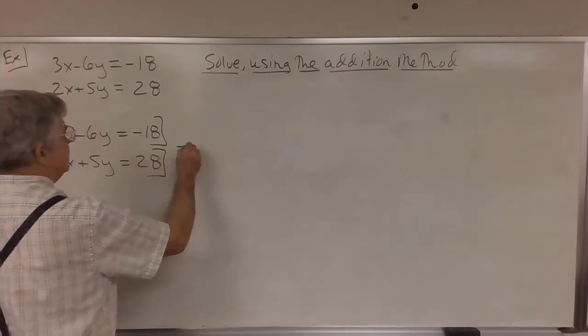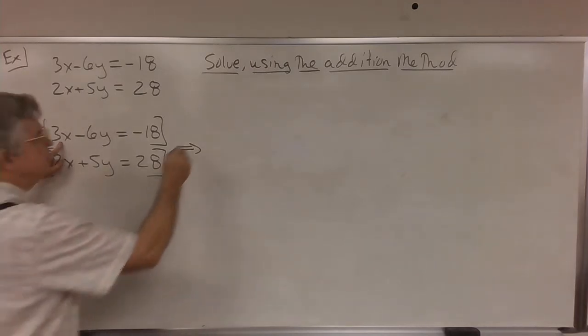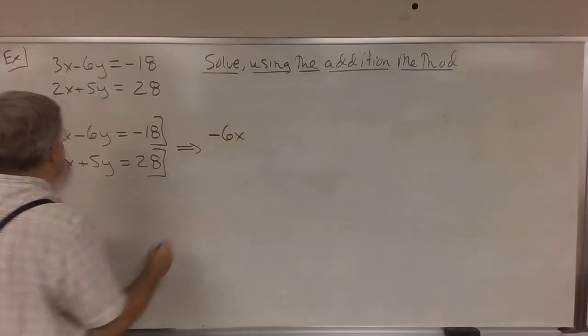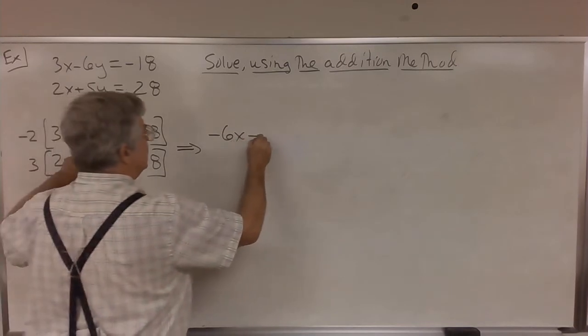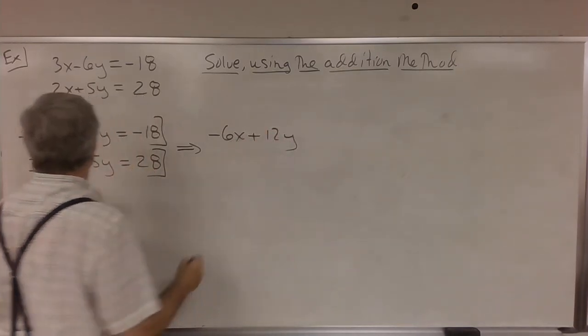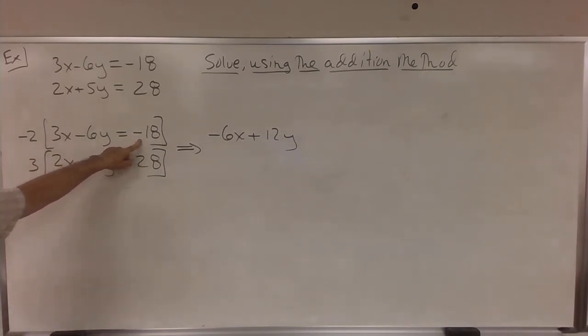So what do we get? Negative 2 times 3x is negative 6x. Negative 2 times negative 6y is plus 12y. And negative 2 times negative 18 is plus 36.